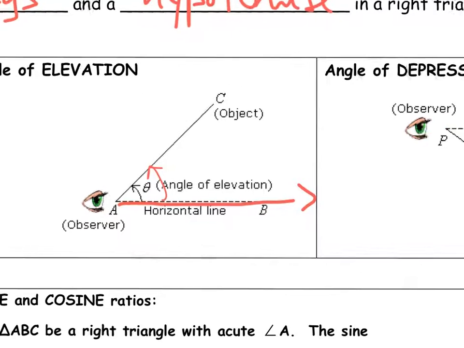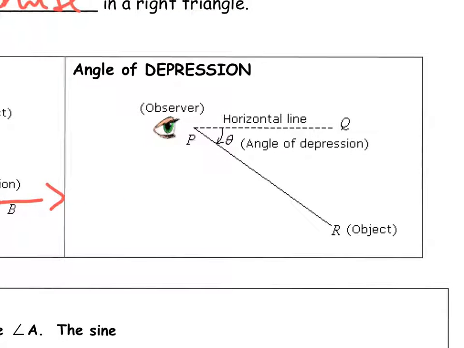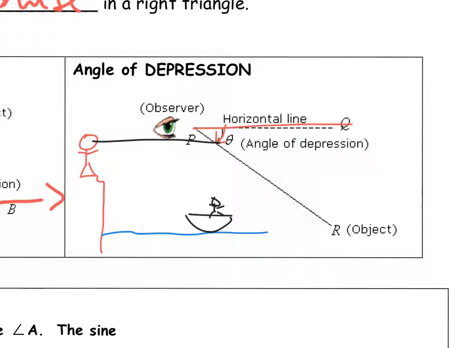Angle of depression, think depression, down. That's your line of sight downward. So, for example, if I am standing on a cliff, and at the bottom of the cliff there's water, and there's a little boat in the water, and my friend is in the boat, my line of sight is straight out, but when I look down at my friend in the boat to wave to them, my angle of depression is down.